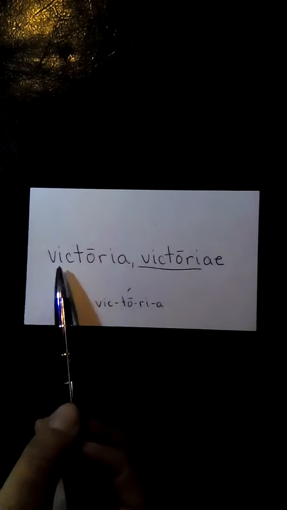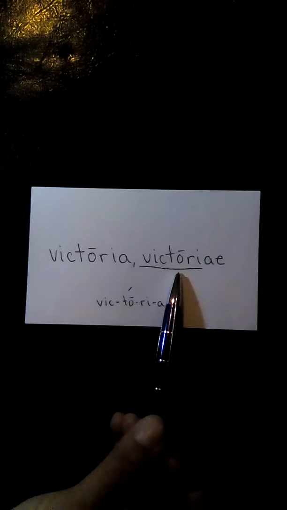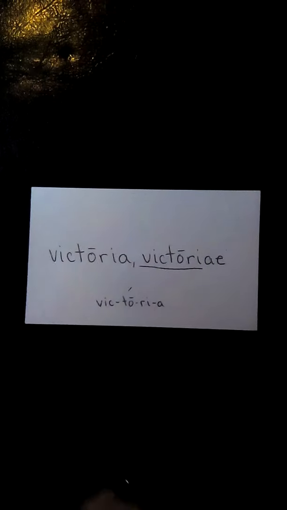Next is victoria, victoriae. So nominative, genitive singular, underlining the stem, and breaking it into its syllables. Here is three or more syllables, so we're going to follow the rule of going to the end. Back one. Is that a long vowel? It is not. Going back one more and putting the accent over this syllable.